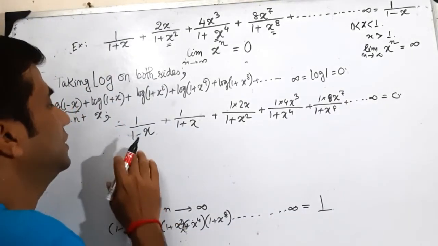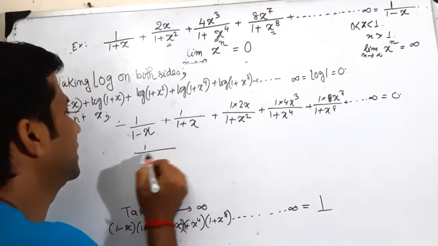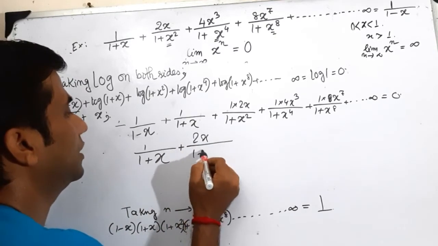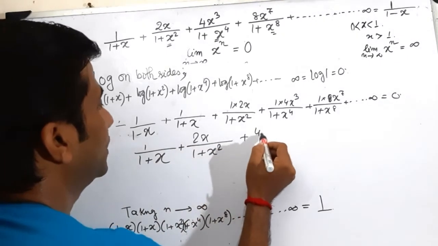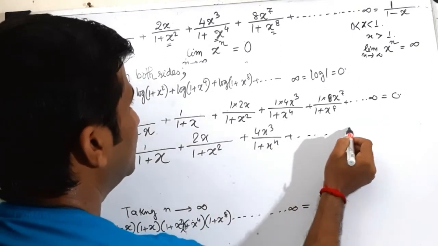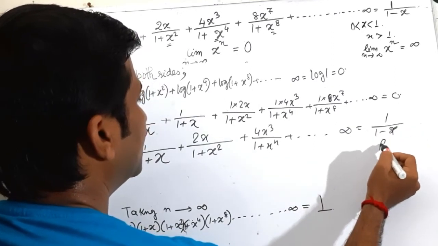Now transferring this to the right hand side, we get 1 by 1 plus x plus 2x by 1 plus x square plus 4x cube by 1 plus x to the power 4 plus ... to infinity is equal to 1 by 1 minus x. This is our result.